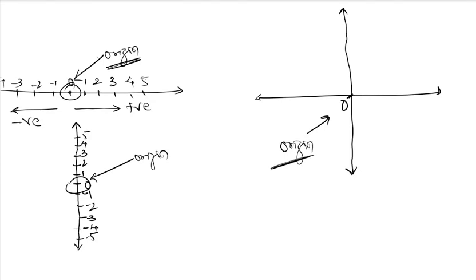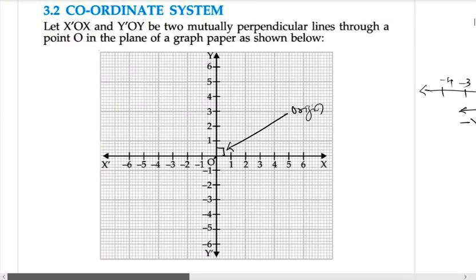Right? So that is the basis of your coordinate geometry. Coordinate geometry has basically two number lines, one horizontal, one vertical, both perpendicular to each other, and the point at which both the number lines intersect is known as origin. Okay, remember the name origin.